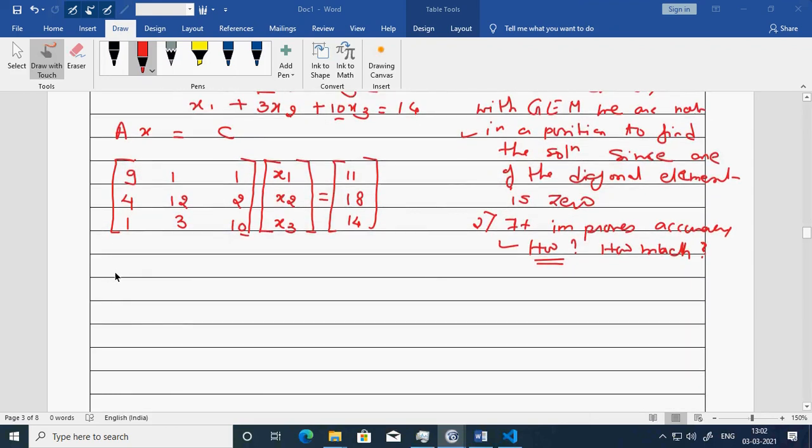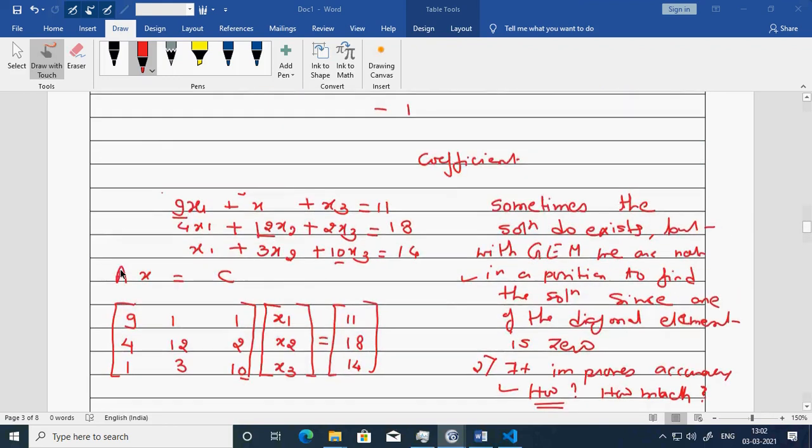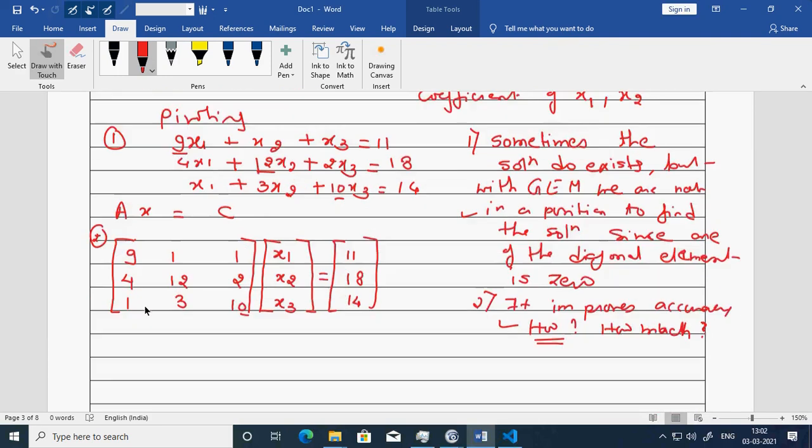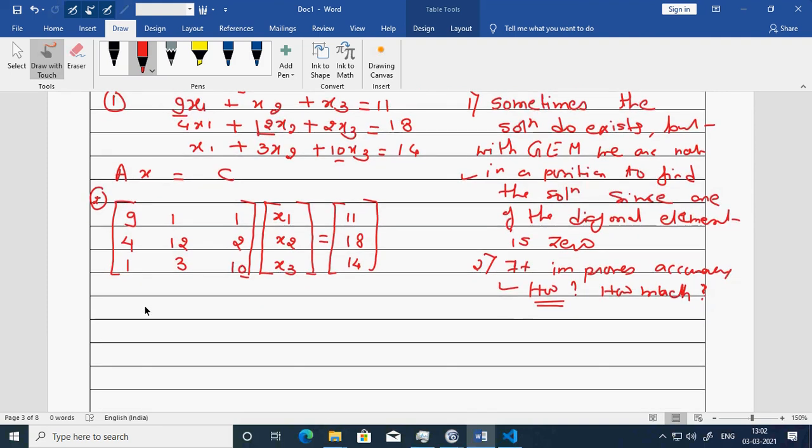Now the next step is, so I did two steps. This was my first step, and this is my second. In programming, these steps are exchanged only, because it's a lot easier to exchange values in arrays through programming.